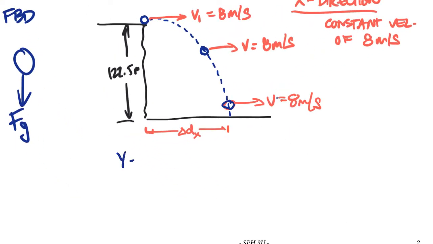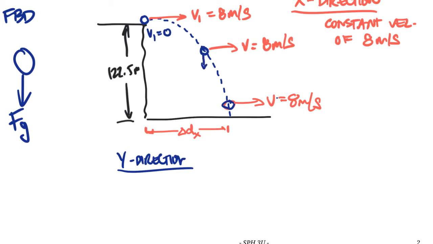In the y direction, what is this object doing? Notice how it starts off moving completely horizontally. So what's the vertical velocity at the beginning? Nothing, 0. It's not moving vertically, but as it falls, it's going to pick up some vertical velocity, right?